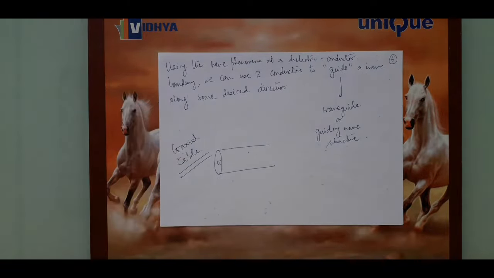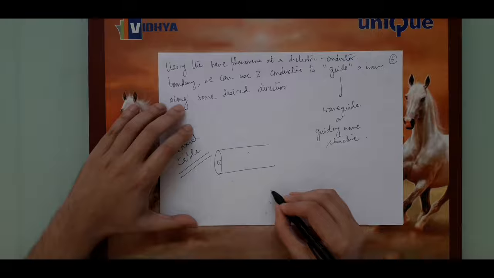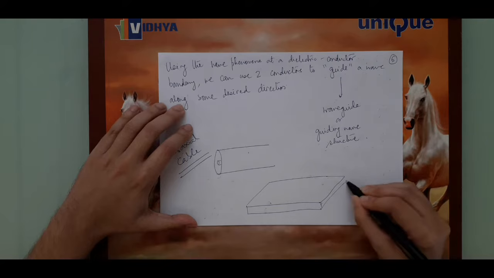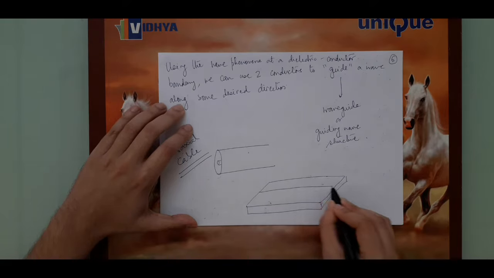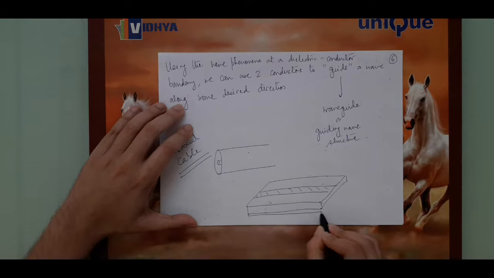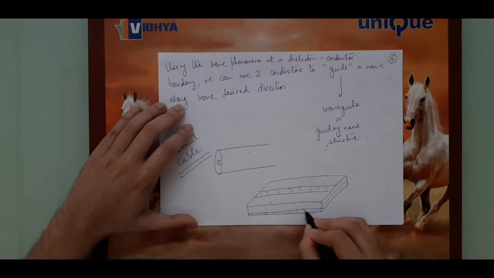Another example is copper lines on a circuit board. Let us say you have a circuit board which is made of a dielectric, but on this I am making a copper line, and on the bottom also I am making some copper connection.